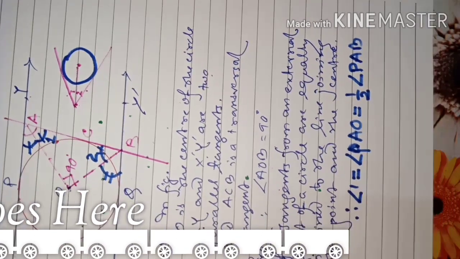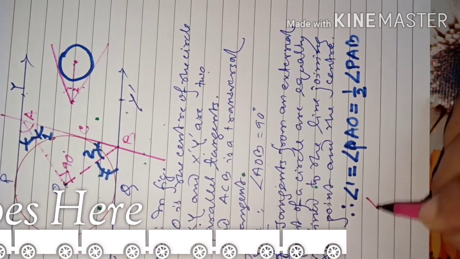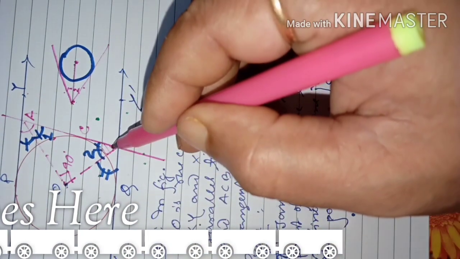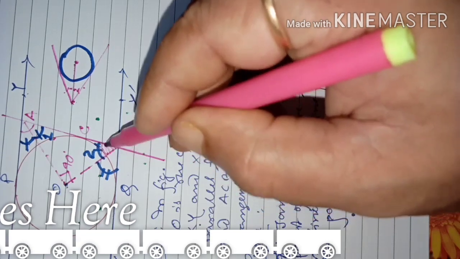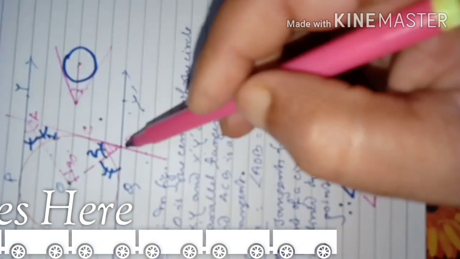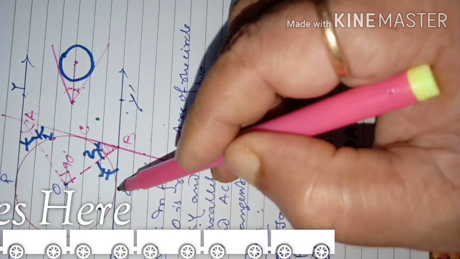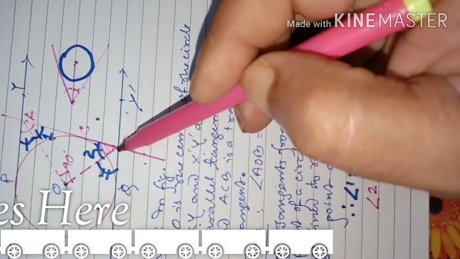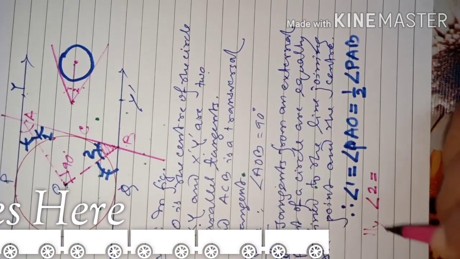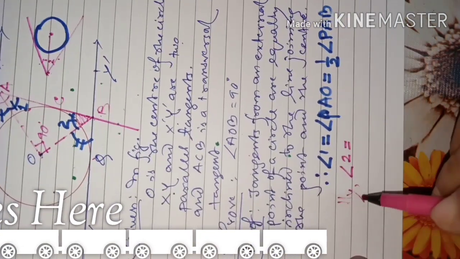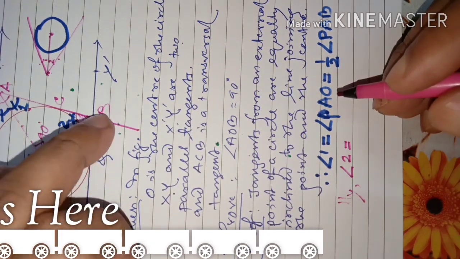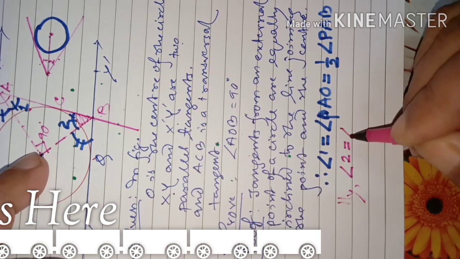Similarly, angle 2, this angle, is equal to half of angle ABQ, or QBA, like that you say. That is angle 2. Similarly, angle 2 is equal to angle QBO.